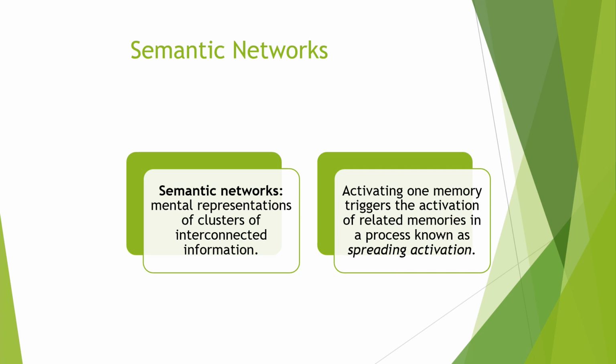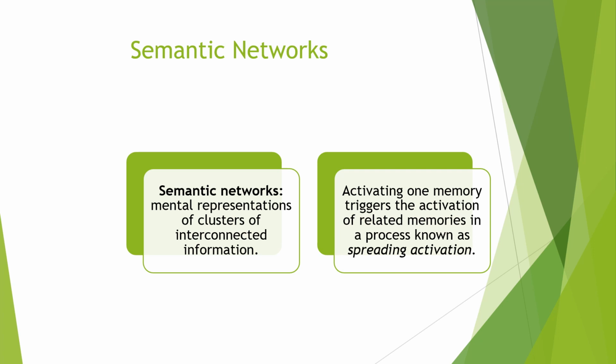The next thing I want to talk about are semantic networks. Whenever we think about semantics, usually semantics are words, right, that you're thinking about, that word semantic itself. When we're talking about a semantic network, it is a mental representation of various clusters of interconnected information.